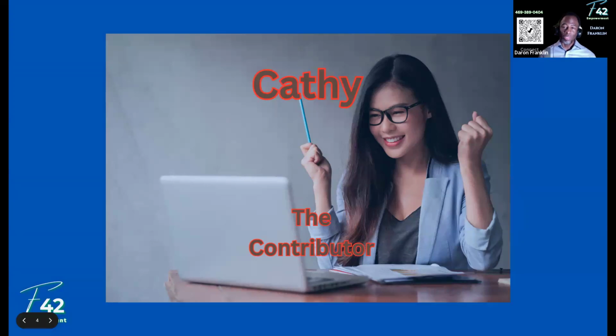But her parents taught her that it's not always about you. So in her family, with just her and her two parents, she learned the importance of contributing to the different things within the household and the family dynamic, because she had to. And that helped Kathy to ascend in high school, college, and now into her career.